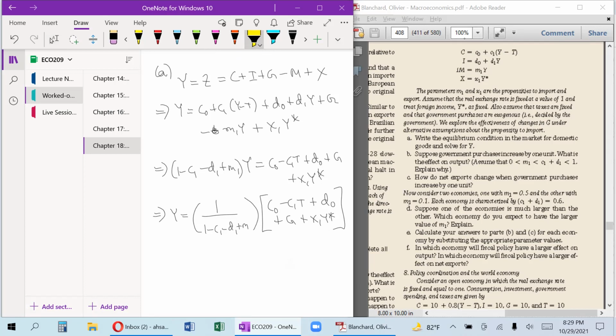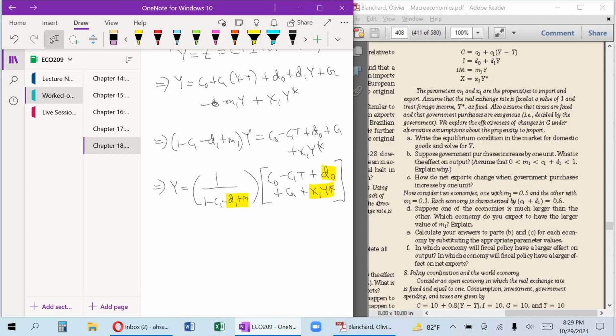If you take out these two, then what we have is exactly the goods market equilibrium from chapter 3, or maybe it was chapter 5, whichever one. It's just a few differences because, of course, we are dealing with an open economy now. So this is the answer for part A.